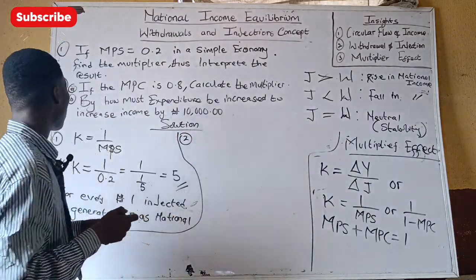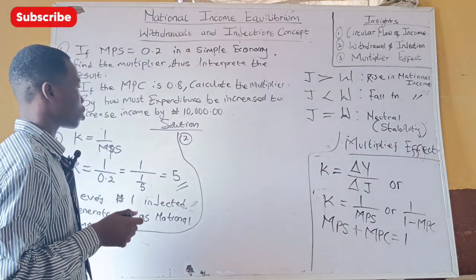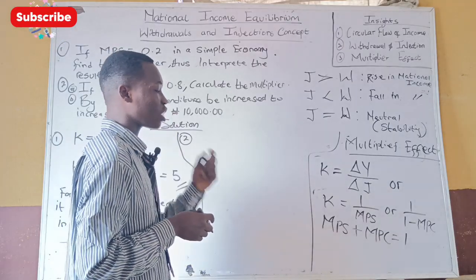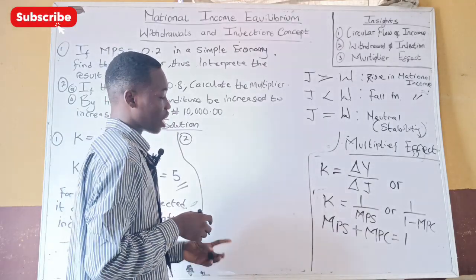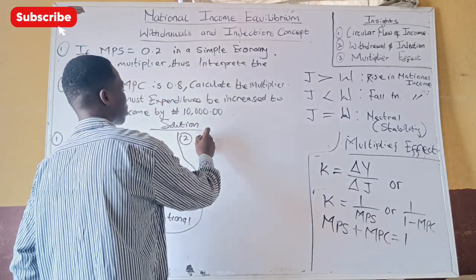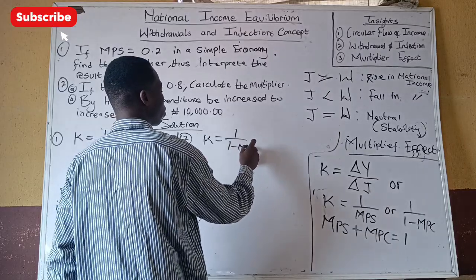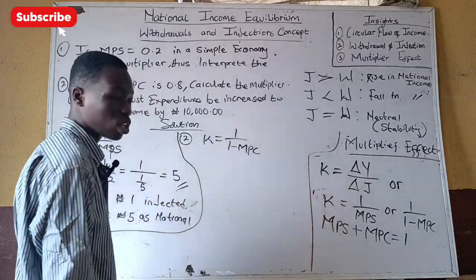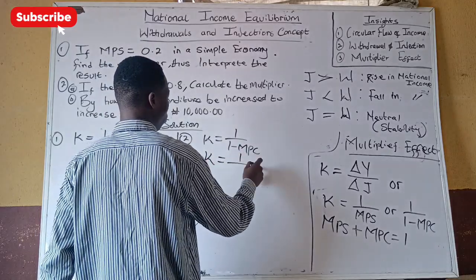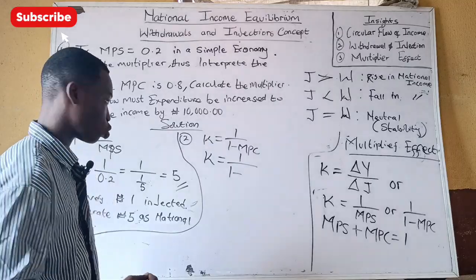For 2, we have that if the MPC is 0.8, calculate the multiplier. Don't forget, I said to calculate the multiplier, we know that it is 1 over MPS, and MPS is equal to 1 minus MPC. So the multiplier is equal to 1 over 1 minus MPC, because we are given information only on MPC.